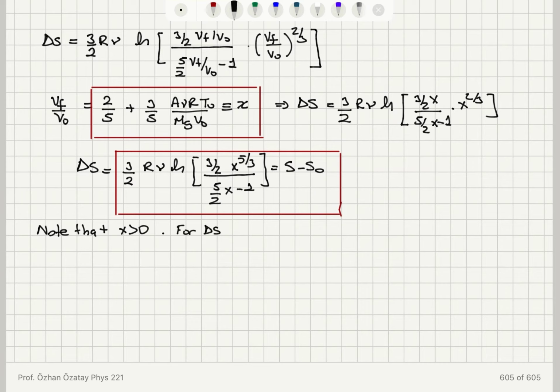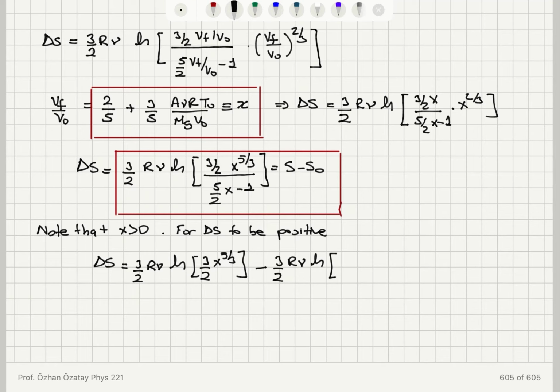So for delta S, the entropy change, to be positive, I need to calculate: delta S is basically 3 over 2 R nu natural logarithm of 3 over 2 X to the power 5 over 3, minus 3 over 2 R nu natural logarithm of 5 over 2 X minus 1.